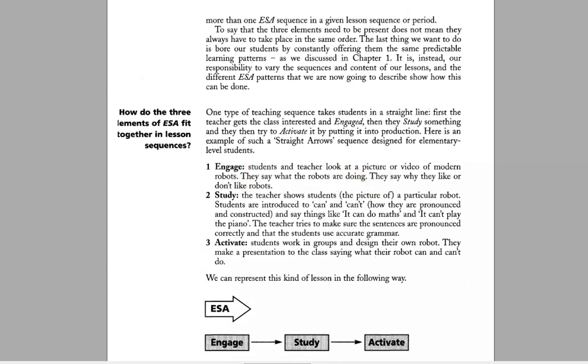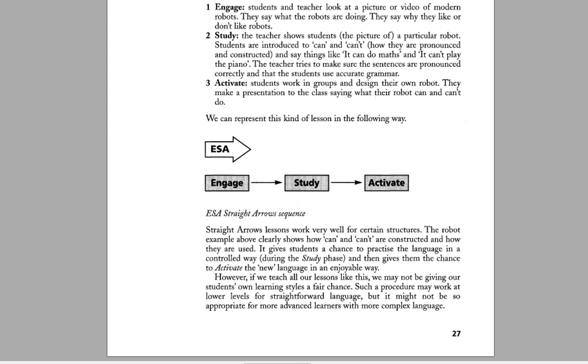So both sides of the educational process are between teacher and students. Second, we have study. The teacher shows students a picture of a robot playing piano. Activate: they make a presentation to the class saying what the robot can and can't do.